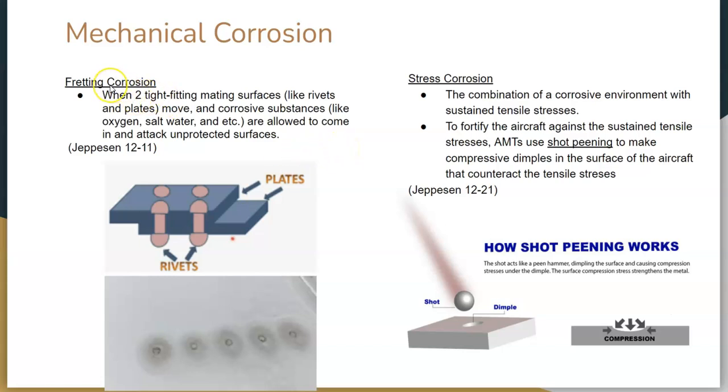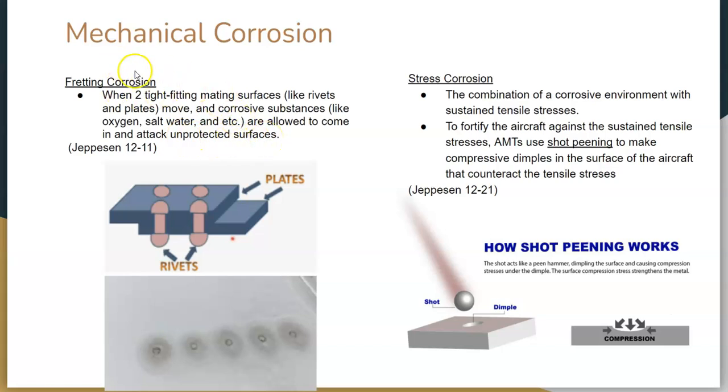So we have fretting. Fretting is when you have two tight-fitting mating surfaces, like, again, rivets and plates. They move, and even if they move slightly, it can allow even something as simple as salty air to get in the gap and essentially go in and be the electrolyte that causes corrosion and attack unprotected surfaces.